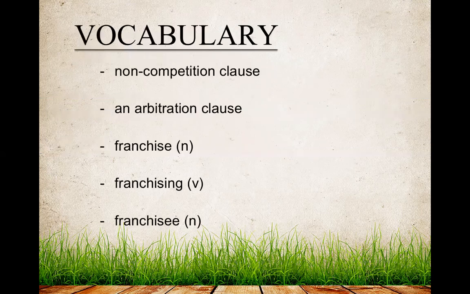Now, next one is the vocabulary part. For the vocabulary part, I would like to give you 5 terms or words that you may have got in the previous lesson. However, in this case, it's time for you to review and practice them. The first one, non-competition clause.